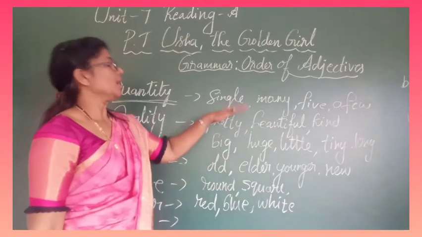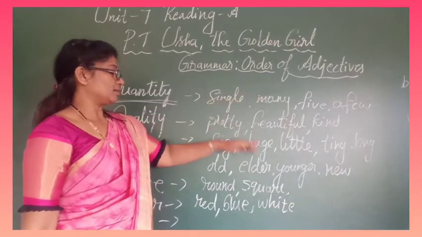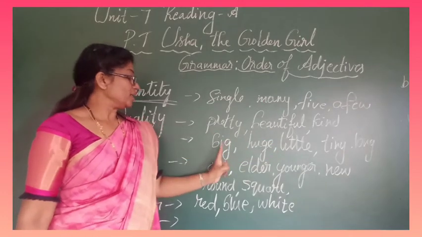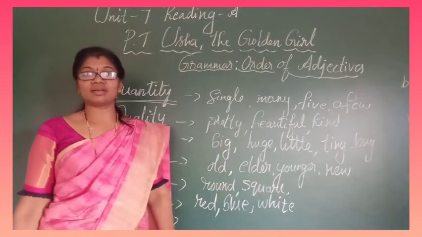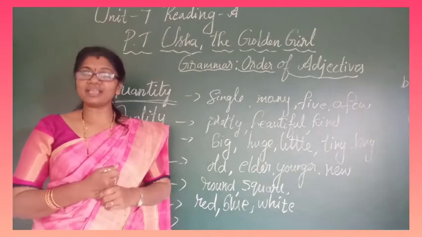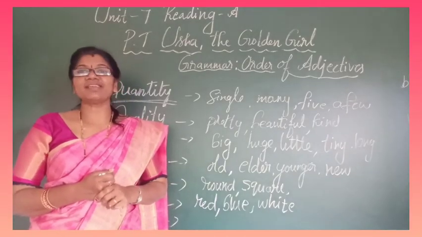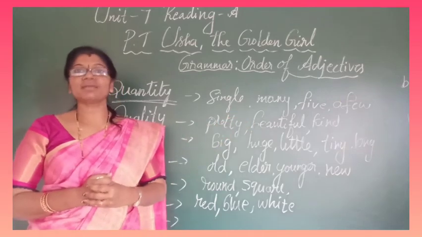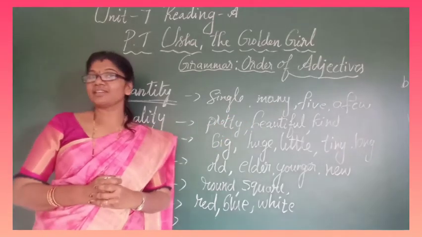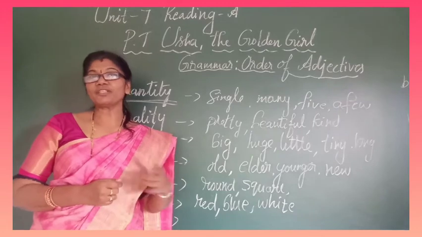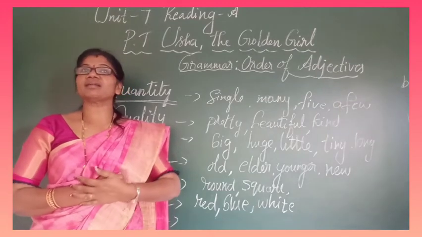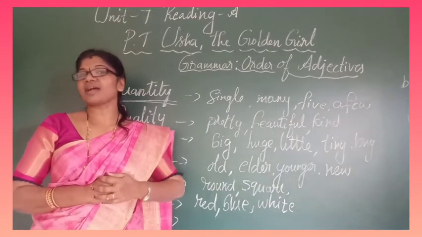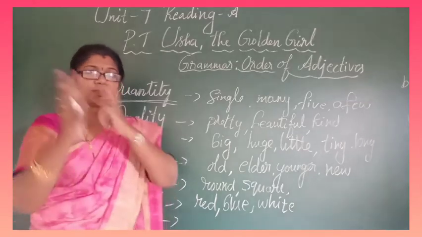You can say I met three tall Indian girls, I met three short Indian girls, I met three kind Indian girls. On my way to India, I met three beautiful, kind Indian girls. I hope you are catching my point.